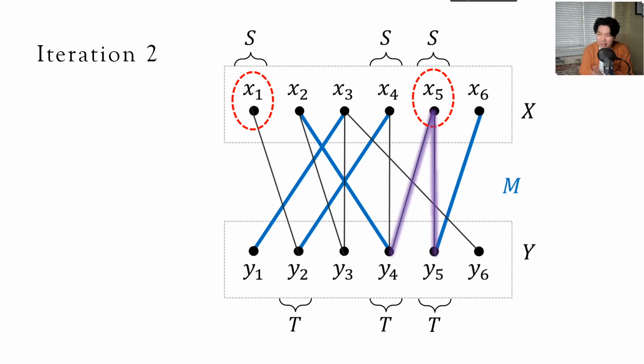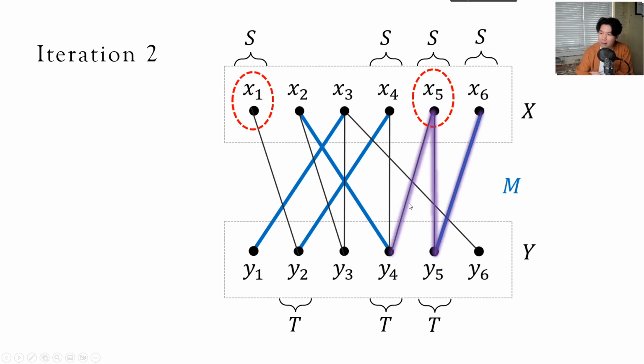And since these are in T, I can continue to explore along M. So, for example, if I'm going from X5 to Y5, if I follow M, I go to X6, which means I can add that to S. And I can do the same thing over here.